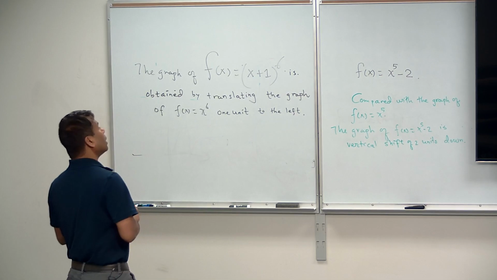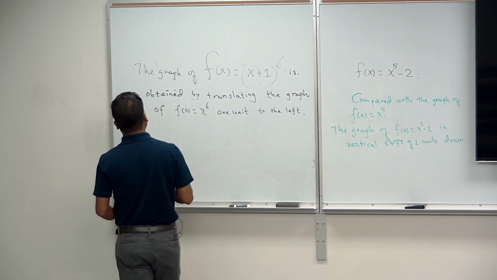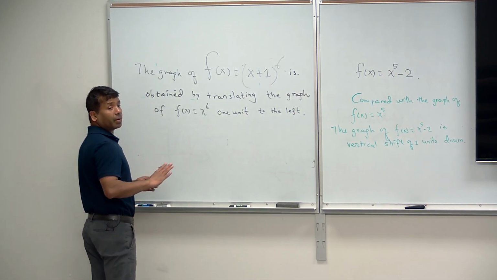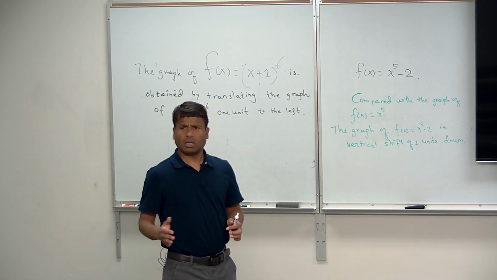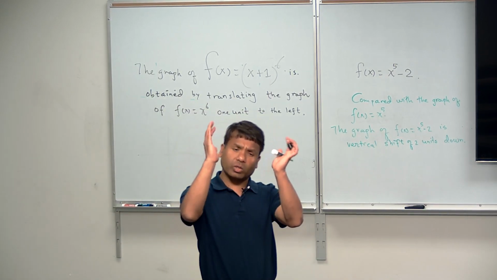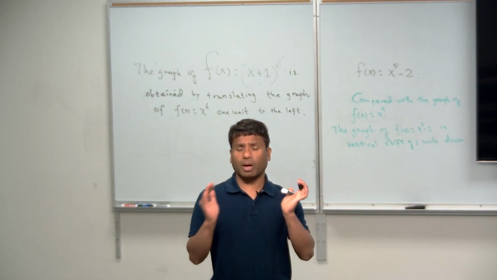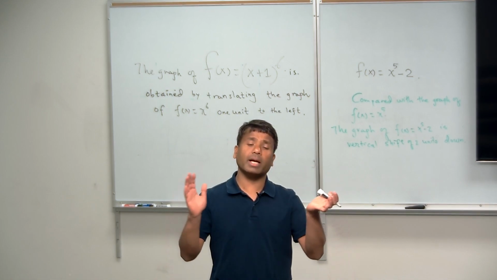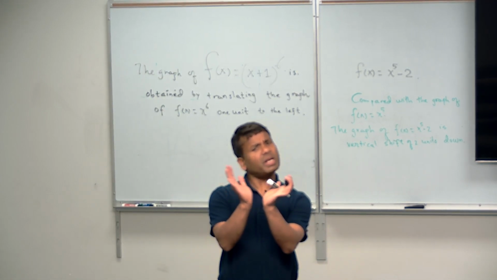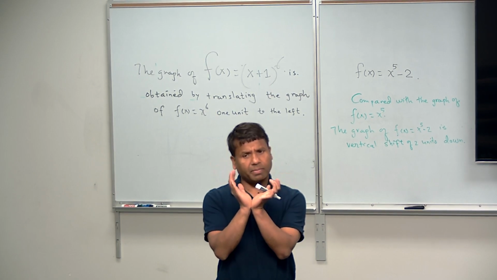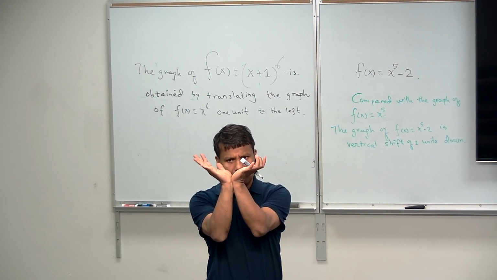So now, if you remember the graph of a function like x squared, f(x) equal to x to the power 4, x to the power 6, x to the power 8, it's pretty much a similar shape, an open up parabola.